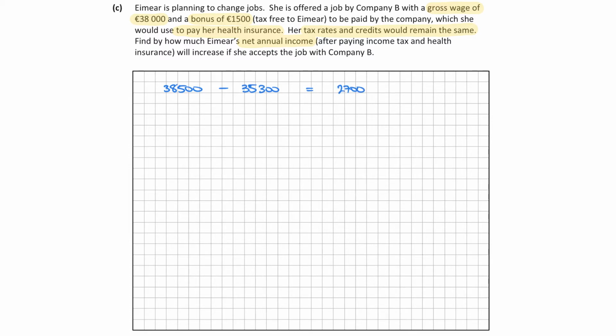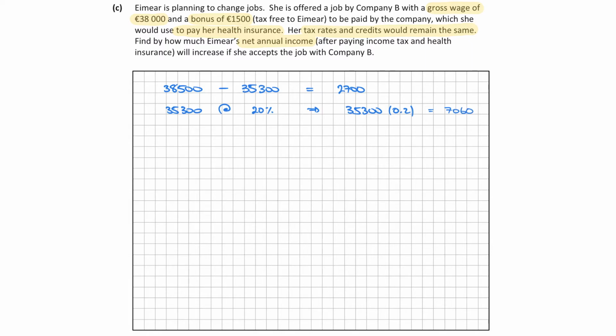Okay, so I can now start working out my two tax rates. So the first 35,300 will be at 20%. Okay, so in order to work out how much that is, it's 35,300 multiplied by 0.2, which gives us 7,060.